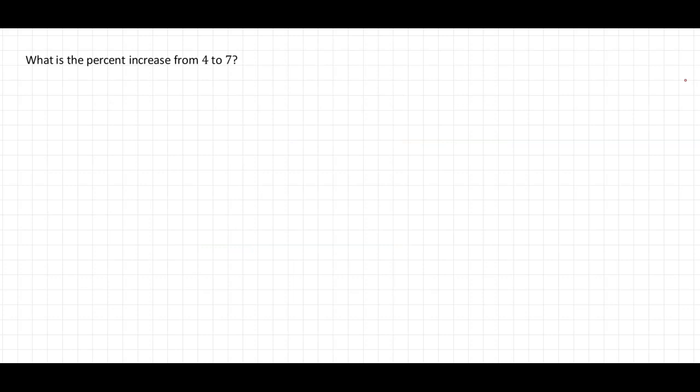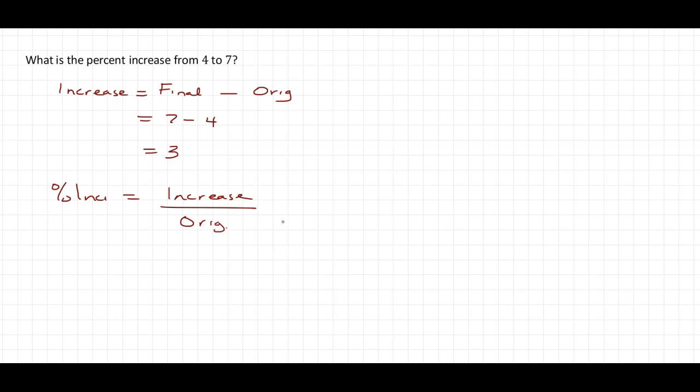So what is the percent increase from 4 to 7? Let's look at our increase first. Our increase is going to be final value minus original value, which here is 7 minus 4, which is equal to 3. So percent increase is equal to our increase divided by original value multiplied by 100, which is our increase, 3, original value, 4, multiplied by 100.